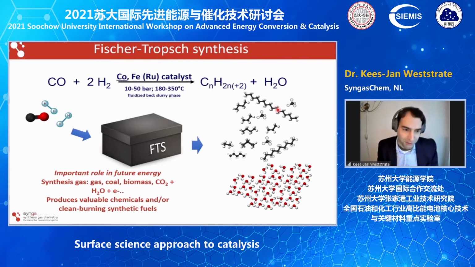And also in the future, we think this will be important because we still want to make these molecules, but we cannot use fossil sources. So instead we can start with CO2 and hydrogen, make syngas out of that, and then we can still do this reaction.